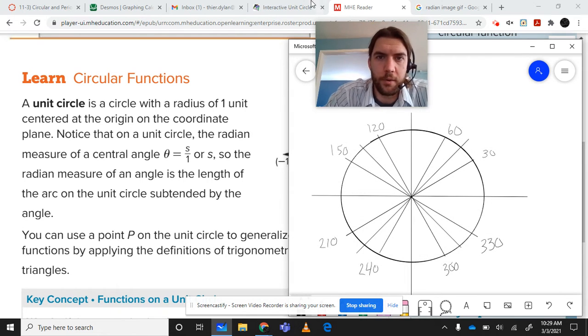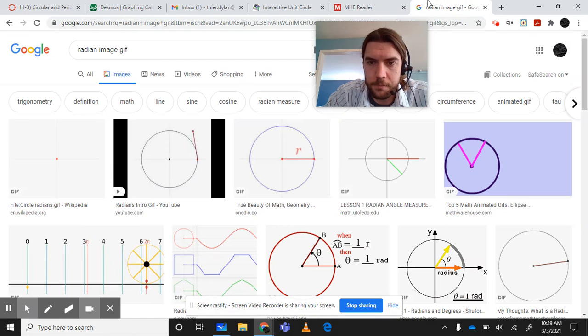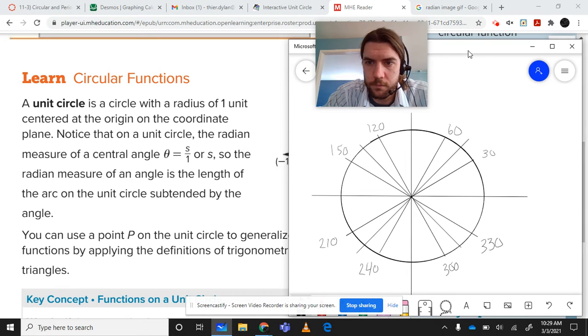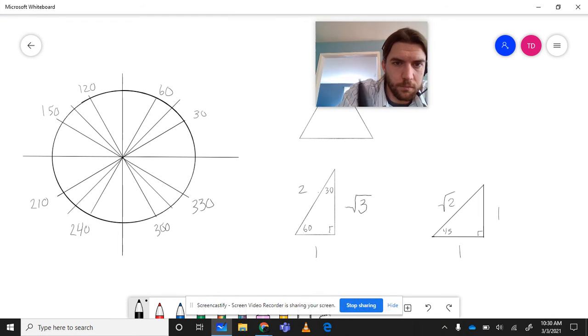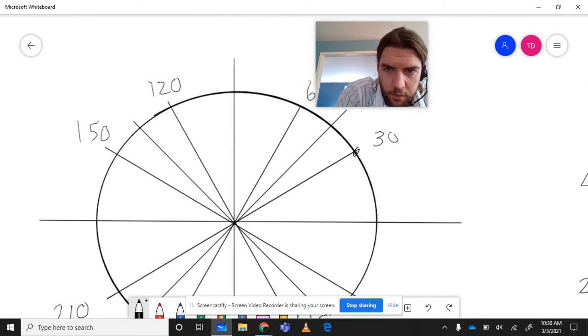So for example, let's go to 30 degrees. Our coordinate should be 0.866, comma 0.5. If I wanted to add that coordinate on here, it's 0.866, comma 0.5, and that is for this angle right here.